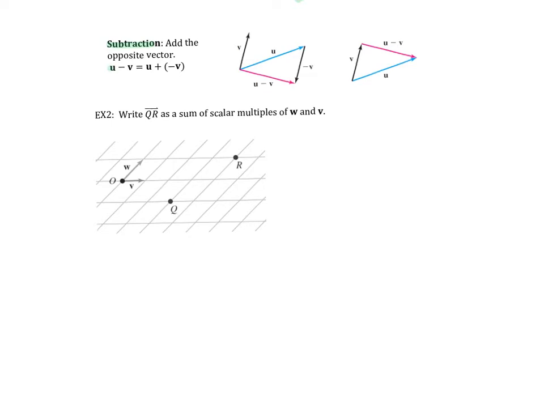If I take u minus v, I can also look at this as u plus a negative v. So if I have my vector v, I can look at its negative, which would mean the same vector, same magnitude, just going in a different direction.